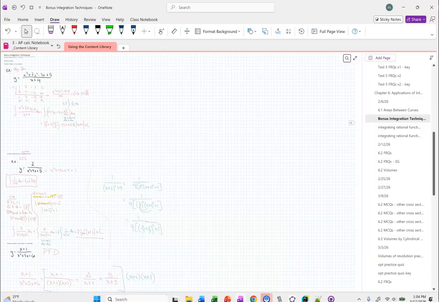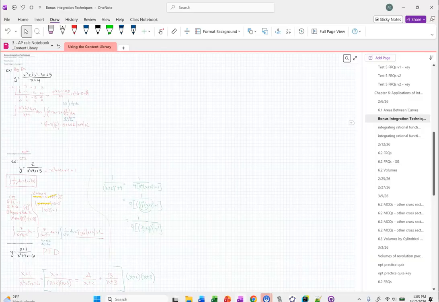Those 3 methods that I outlined here using polynomial division, tan inverse U substitution, and partial fraction decomposition are the same 3 techniques that you'll see on your take-home and the same 3 techniques you'll see on the test in class. I would make sure that I'm pretty familiar with those procedures.